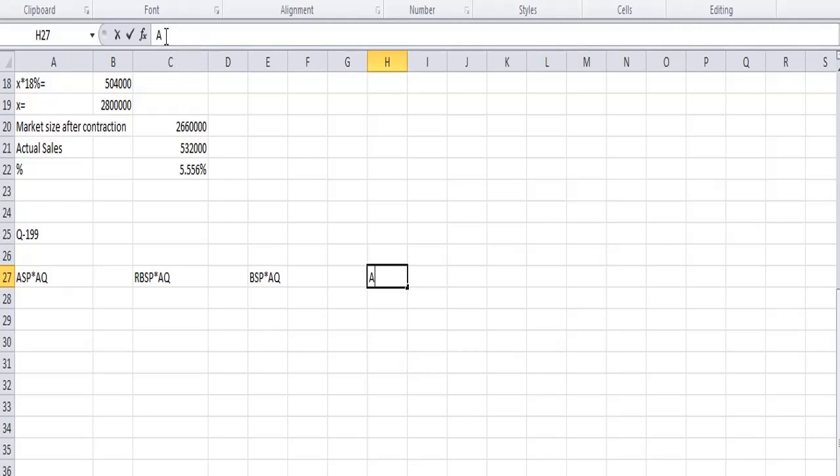Then comes the actual quantity sold into the STD, then revised budgeted quantity sold into STD, then BQ sold into STD. So I will explain one by one what I am writing.